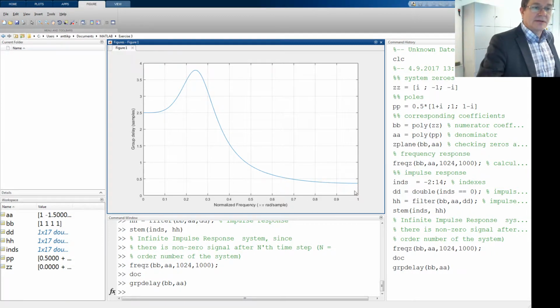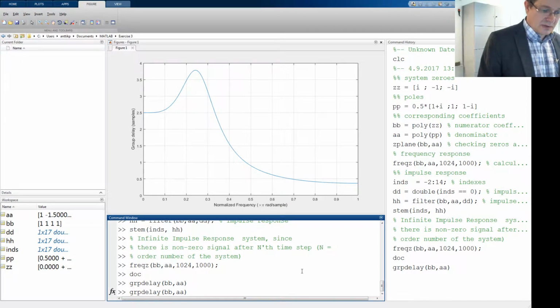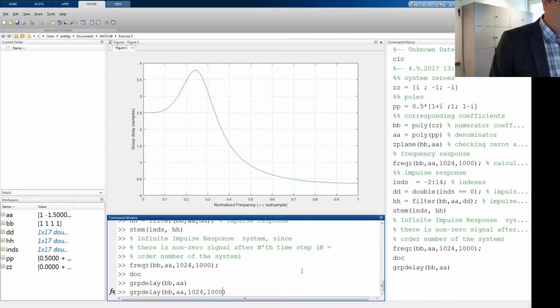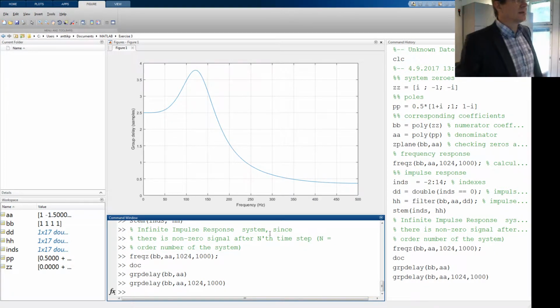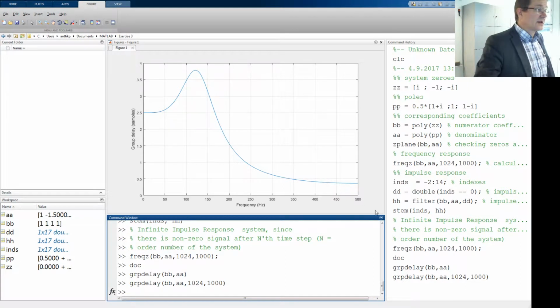Normalized frequency, so that's the sampling rate over 2. Okay, just a guess, but that actually might be. So if you put that number of points and then the sampling rate, you get the physical frequency here.